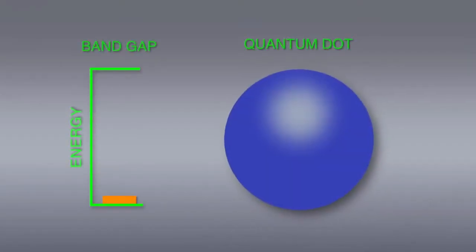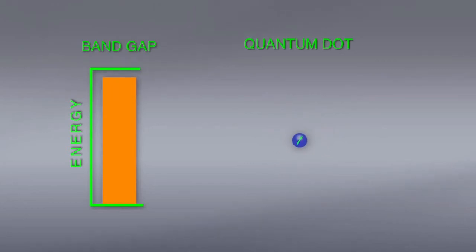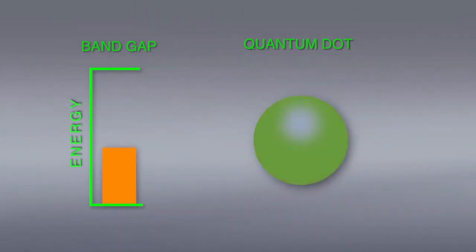So you can see the band gap is basically directly related to the diameter. The smaller the particle, the higher is the energy of the band gap. So small semiconductor particles absorb light in the blue, and intermediate sized particles absorb light in the green, and larger ones in the red. So this quantum mechanical effect shifts the threshold all the way across the visible, from the red to the green to the blue to the ultraviolet.